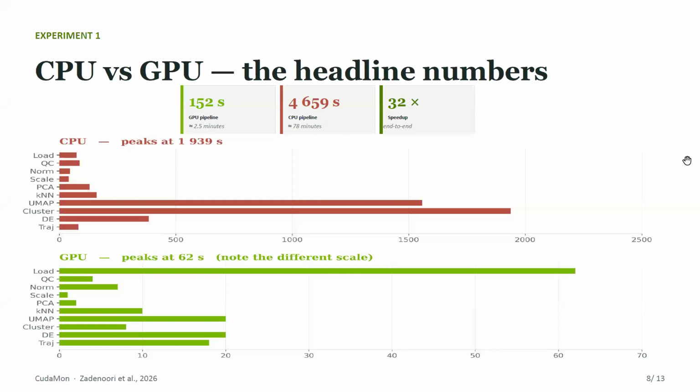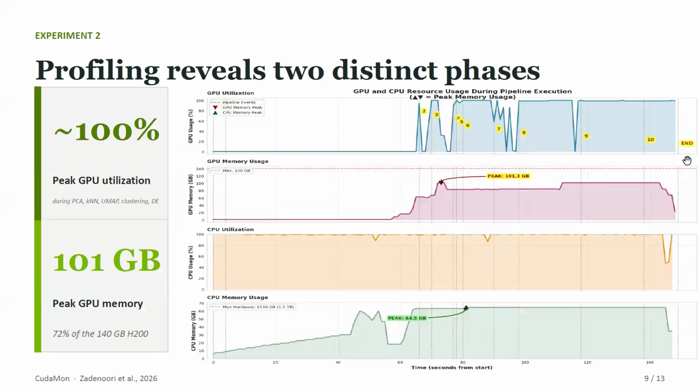In the second experiment, we did the profiling on just the GPU version of the workflow to understand in which steps the GPU was utilized better and in which steps GPU remained idle. In the loading phase, that is phase 1, GPU was totally idle because that is the phase where the data is loaded using the CPU to CPU RAM and then goes to the GPU RAM.